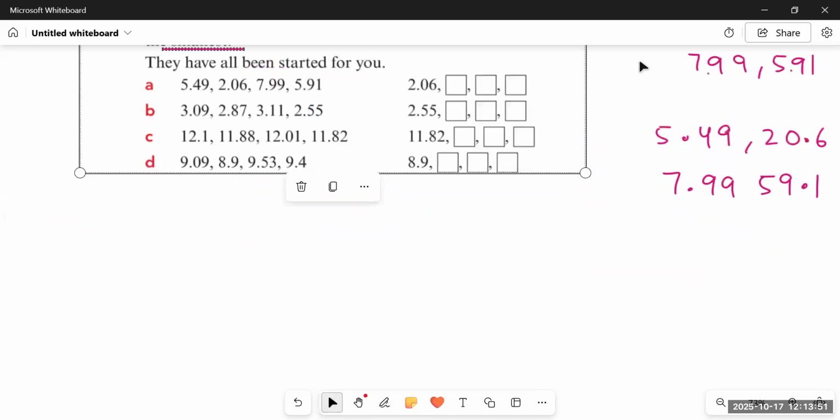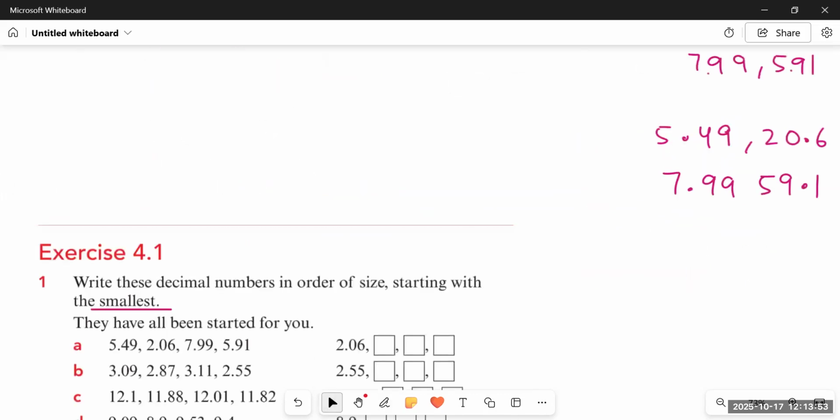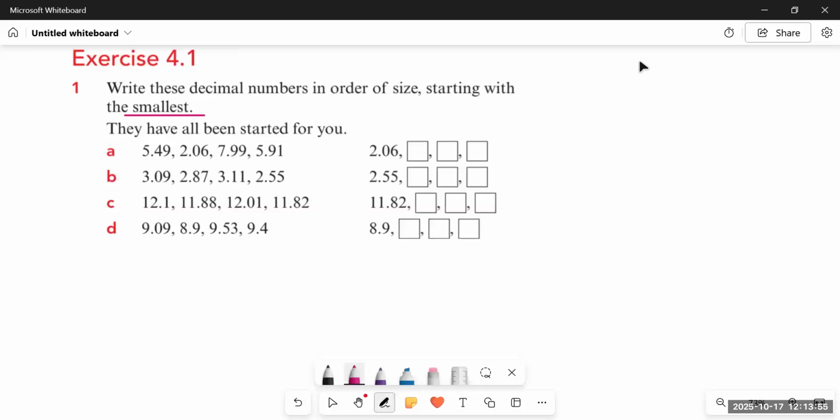But here in these questions, we are provided with like decimals where we have the number of decimal places after the decimal is equal. So we will simply keep them like this: 2, 5, 5 and 7. So we will write it like this: 2.06, 5.49, 5.91 and 7.99. We already know that 2 is smallest, 7 is the greatest, then comes 5 and 5 each.